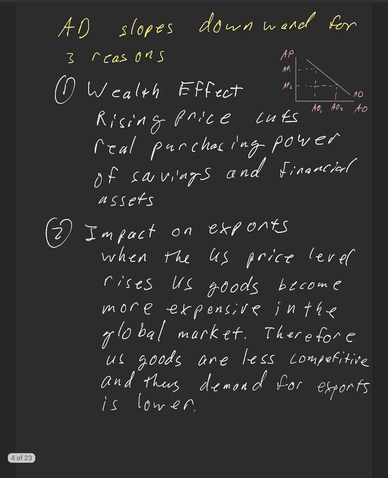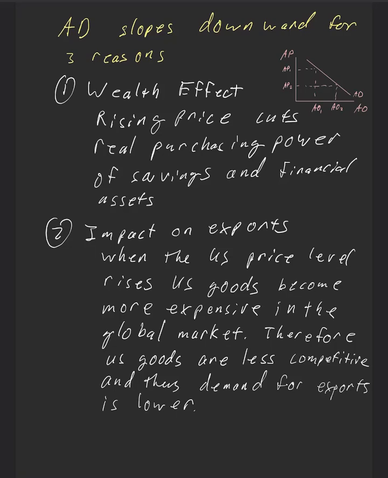Okay, so just as we've done in all the other models, we want to build our model up. We want to understand why things in the model behave the way that they do. The first thing we want to think about is, why is it that aggregate demand slopes downward? Remember, we understood carefully why demand sloped downward in the individual market situation.